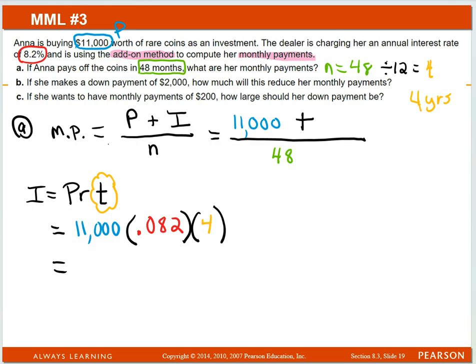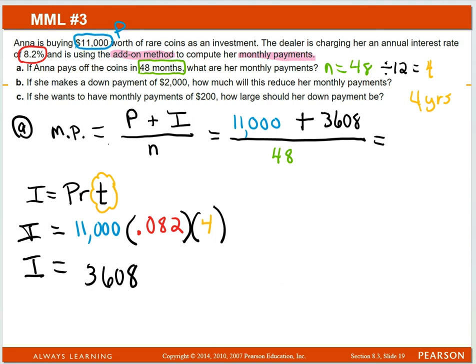I calculate 11,000 times 0.082 times the 4, and I get 3,608. That is the interest, and that is going to go right here. And now I'm going to add those two numbers together and then divide it by 48.